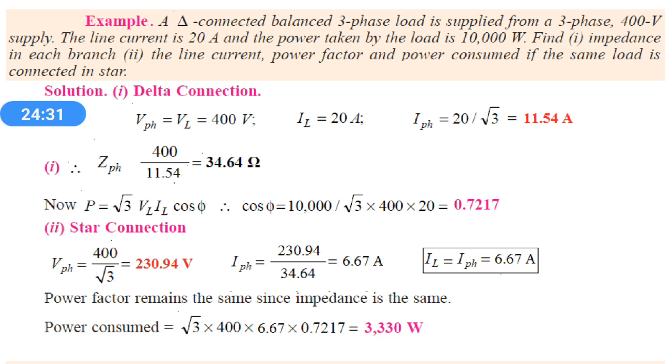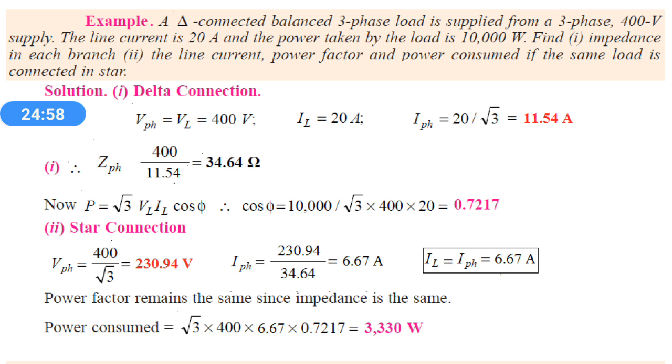Find first one, impedance in each branch, second one, the line current, power factor and power consumed if the same load is connected in star. So in this problem, first we are calculating in delta connection. Next, in the second part we are calculating the power consumed in the same load connected in star.